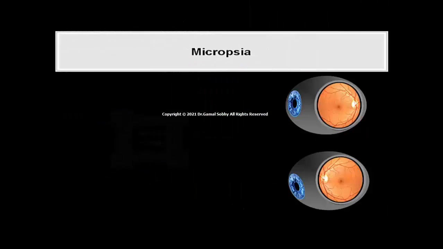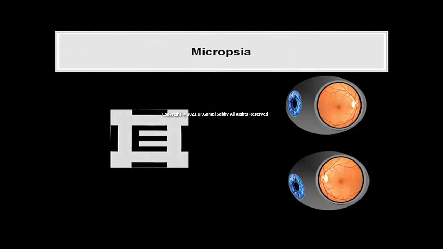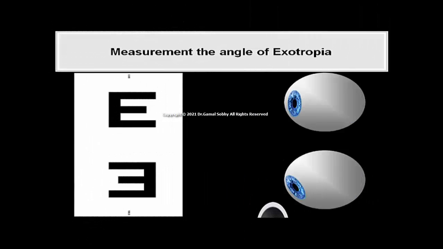Another less well-known symptom of intermittent exodeviations is micropsia. Young patients with an exodeviation may use voluntary convergence to overcome the deviation at near fixation. Therefore, it is advised to measure the angle of strabismus at distance while a patient reads the 6/9 line on the visual acuity chart.